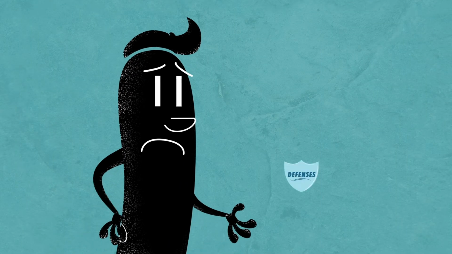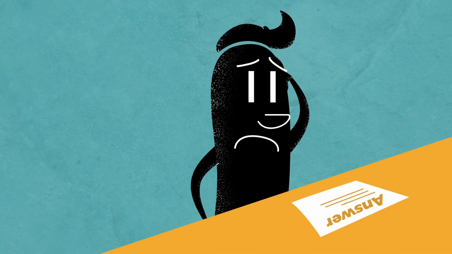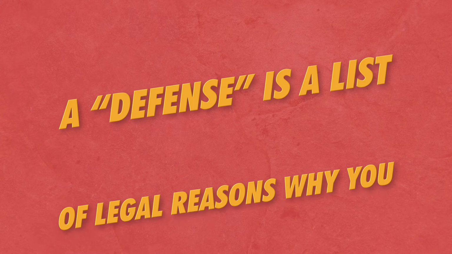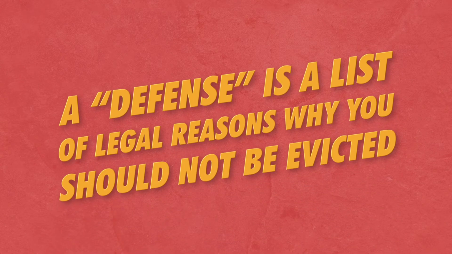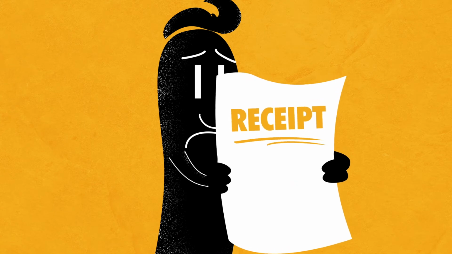If you have reasons why you should not be evicted, called defenses, then it's a good idea to write these down in your answer and file these at the magistrate court as your response to the rule. A defense is a legal reason why you should not be evicted. Common examples are 1. You did not do what the landlord says you did, including you actually paying the rent. 2.